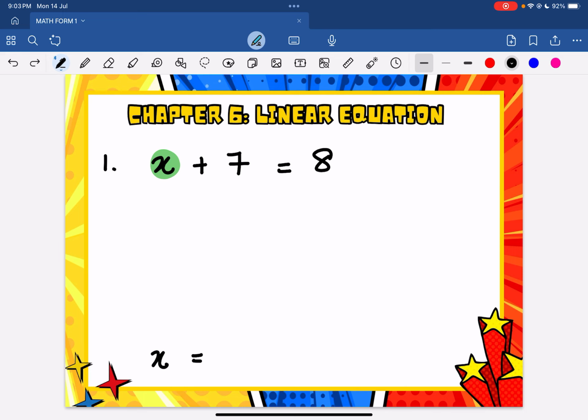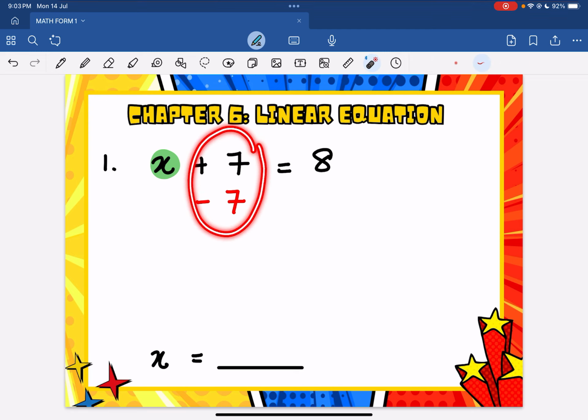Since we would like to remove plus 7, we want to change it to 0. When I say remove, I mean change it to 0. So what we do is minus 7. When we do minus 7 on the left side, we do the same thing on the right side, minus 7.